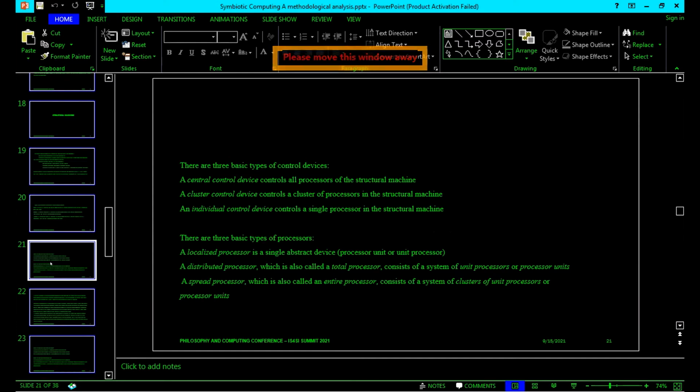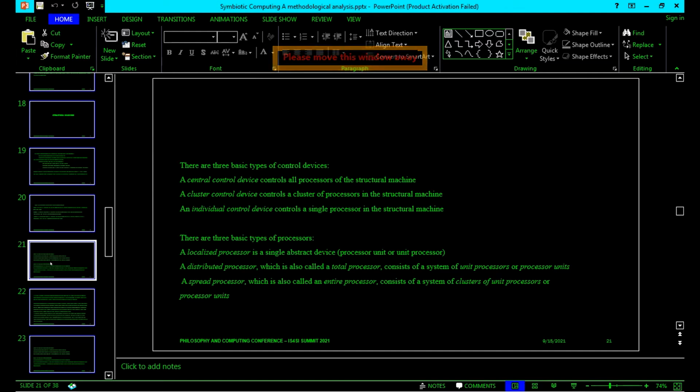Due to the restrictions on time of our lecture, I will not go into this part of the structural machine, but what's important is that there are three basic types of processors. A localized processor is a single abstract device, which is a processor unit or a unit processor.